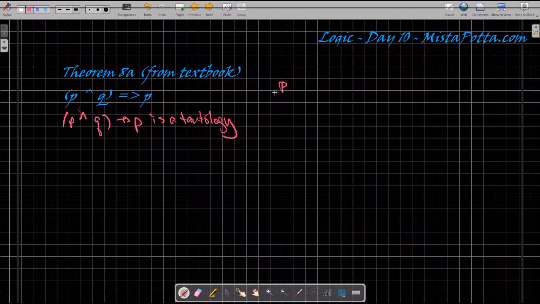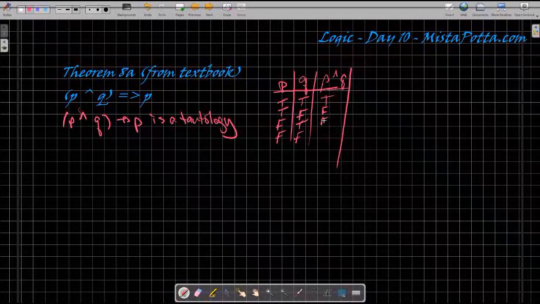So I've got a statement P and Q, and the conjunction is only true if both statements are true, which only happens in the first row.